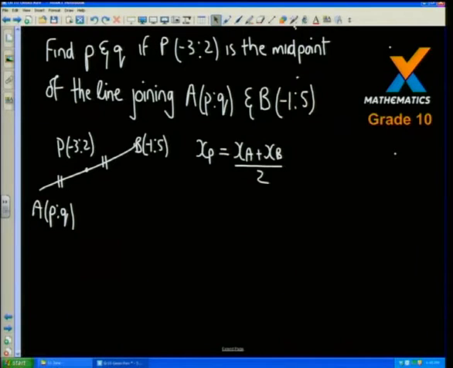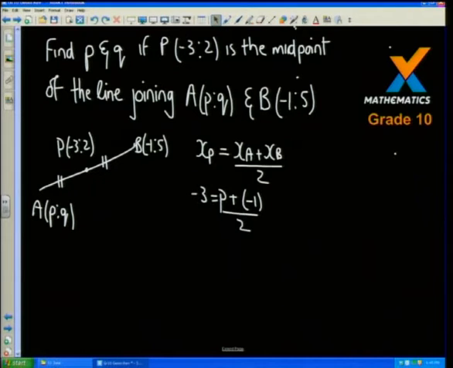Now the x-coordinate for P is -3. So I get -3, which is equal to the x-coordinate of A, and that's the p that I'm looking for, plus the x of point B. Now there's the negative coming in, so that is a -1. And that answer is halved.